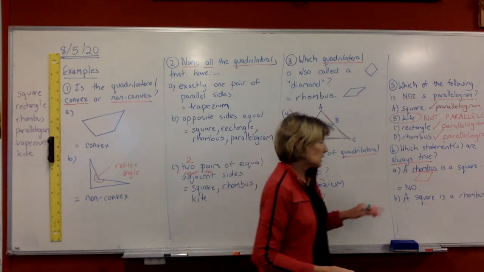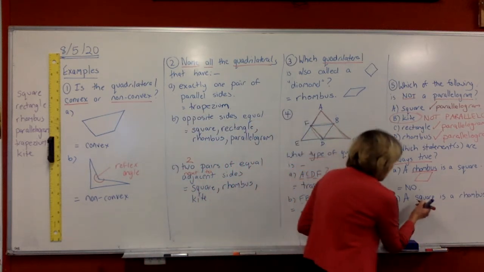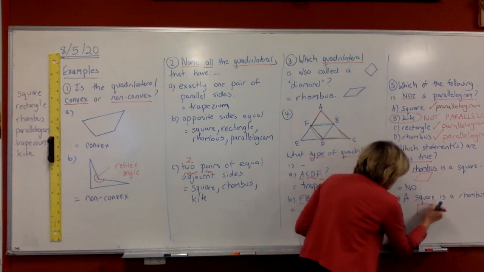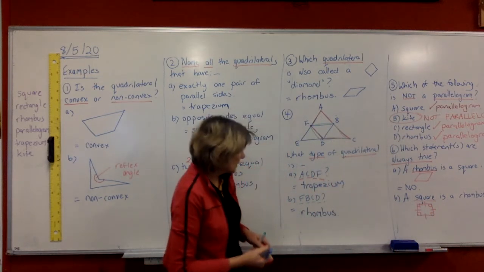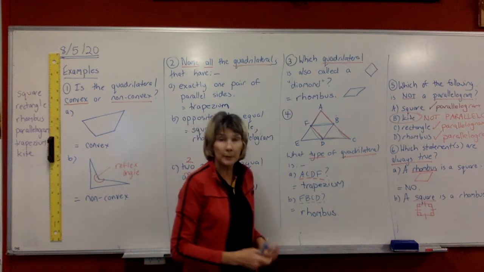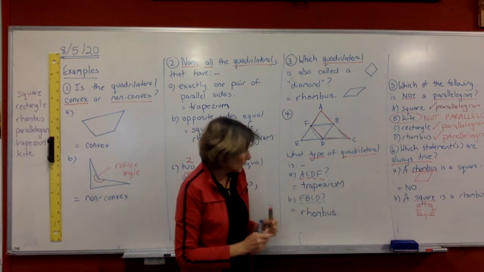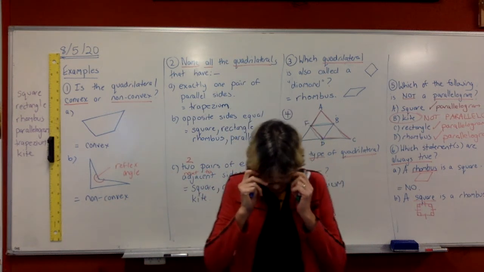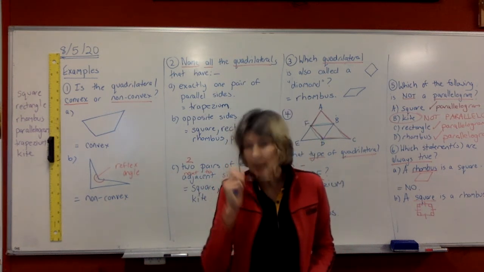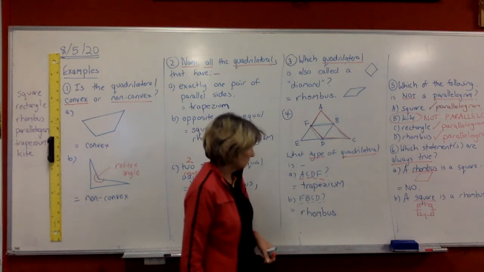Okay, now the next one says a square is a rhombus. So let's see what happens. We'll draw it. There's my square. Now, is that a rhombus? Now, you might go, no, because a rhombus is on a slant. But really, if you look at the definition of what we wrote down for a rhombus, we wrote down that a rhombus has 4 equal sides.